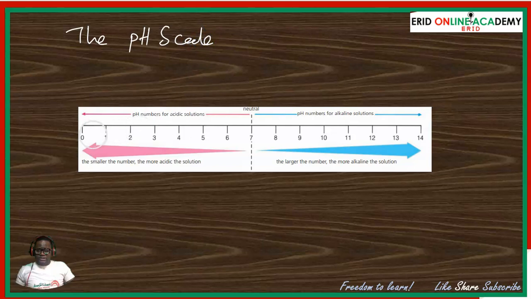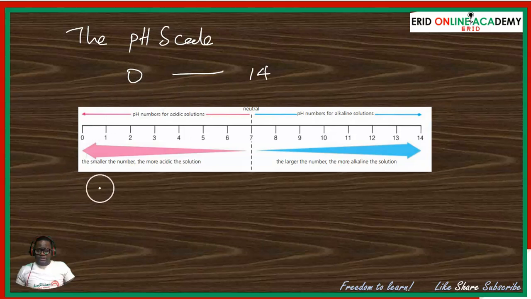If you look at this scale, the pH scale actually ranges from 0 to 14, talking in terms of the whole number.